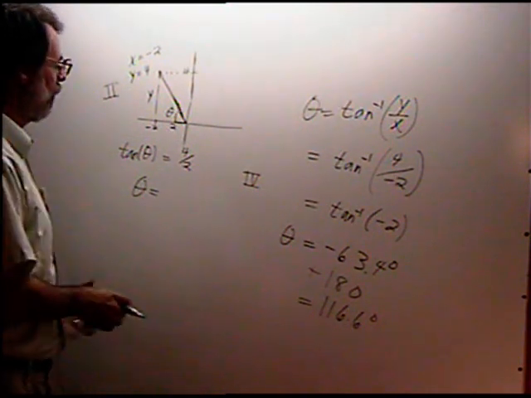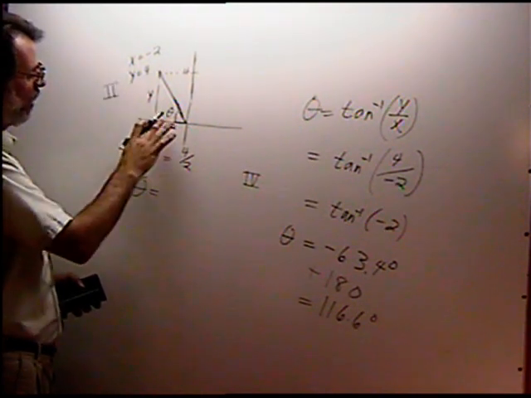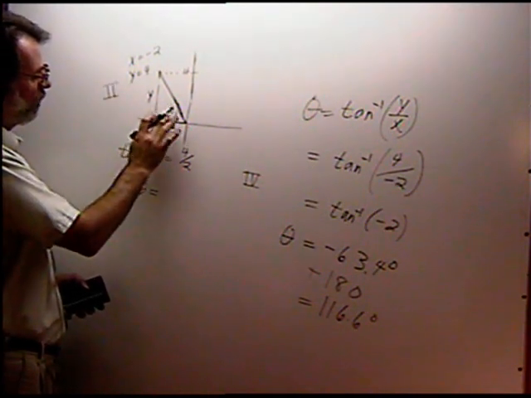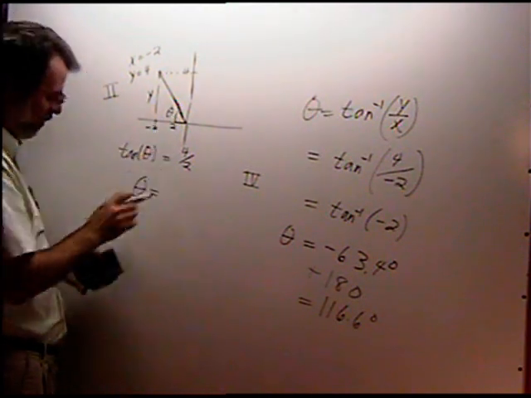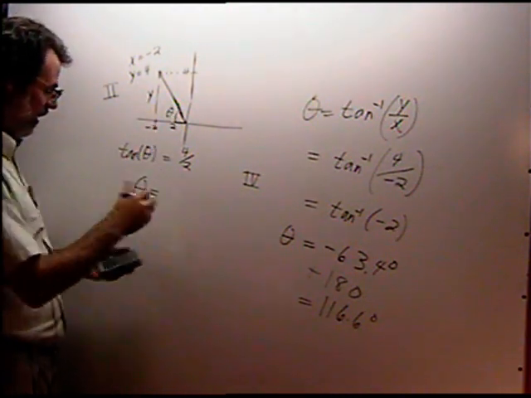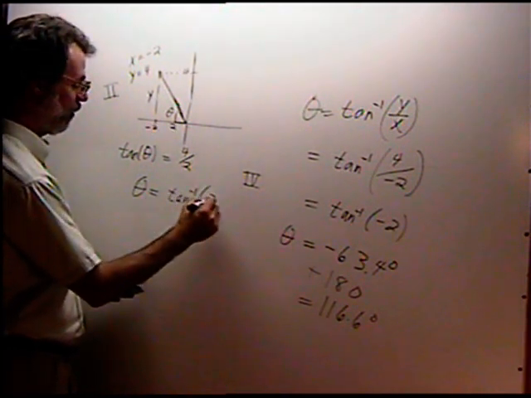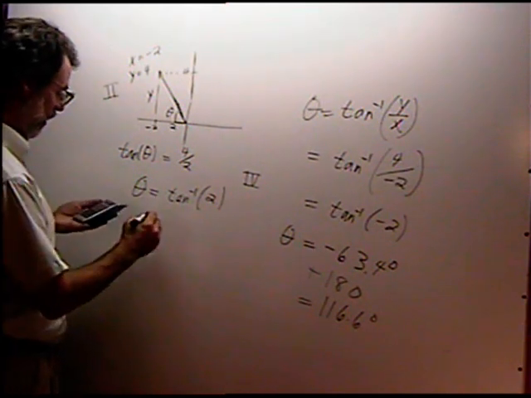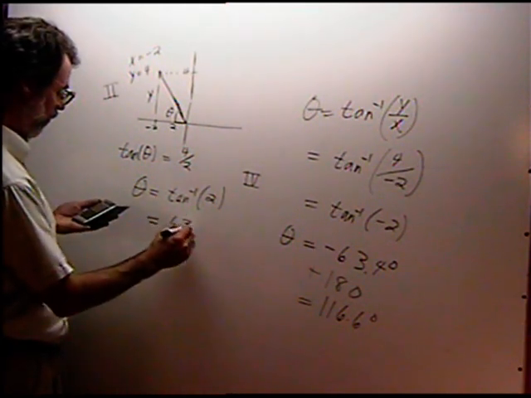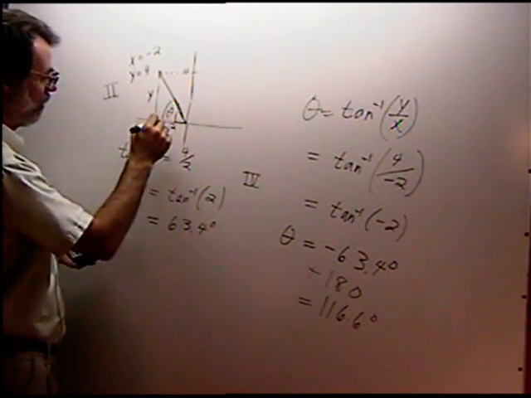So all I'm doing now is ignoring for the moment that I'm in the second quadrant, and I'm just going to look at this angle over here. The tangent of this angle is the opposite over the adjacent, 4 over 2. So I get the inverse tangent of 2, and I get 63.4 degrees. So that's this angle here, 63.4.